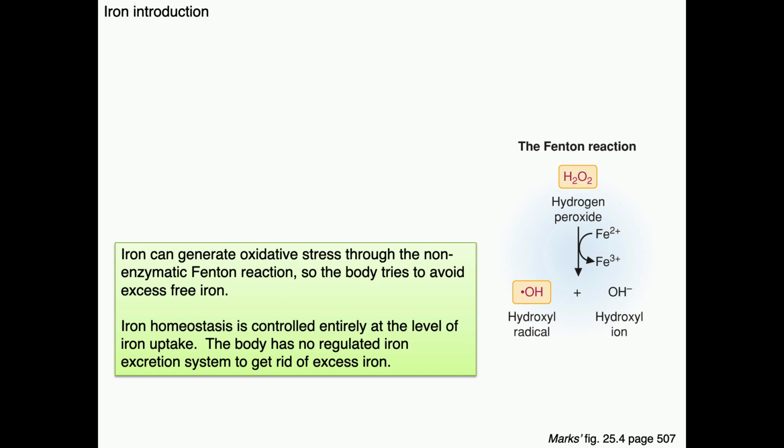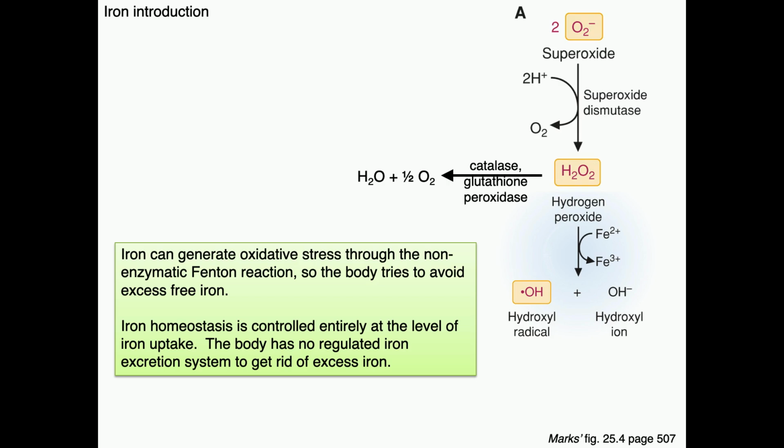So in addition to sequestration of iron, we also have other antioxidant defenses like the glutathione peroxidase and the catalase systems to eliminate hydrogen peroxide. That's another way to prevent the generation of hydroxyl radical. And then the superoxide dismutase, those three enzymes can eliminate superoxide and make the substrate for glutathione peroxidase or catalase.